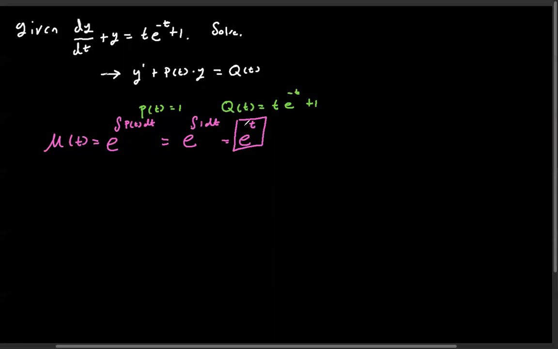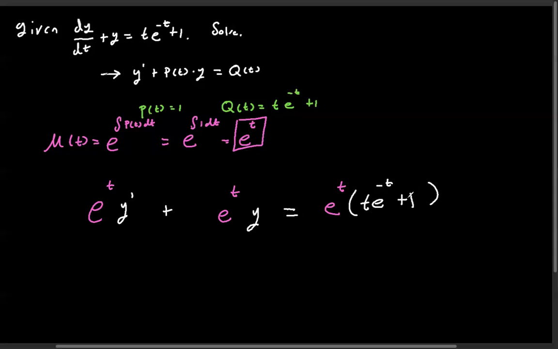So we're going to multiply our new integrating factor by the original problem. We'll have e to the t on each term. We have y prime, we have the original y, and then we have equals t e to the negative (t plus 1).